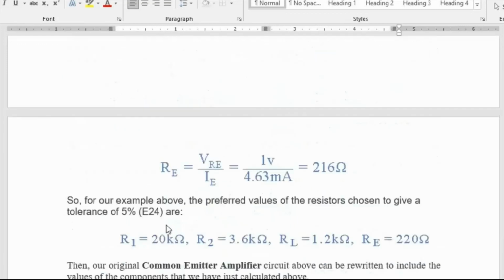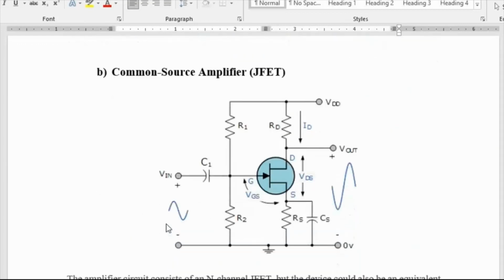So next, we move to common source amplifier, which is JFET. So this is the circuit for common source amplifier.